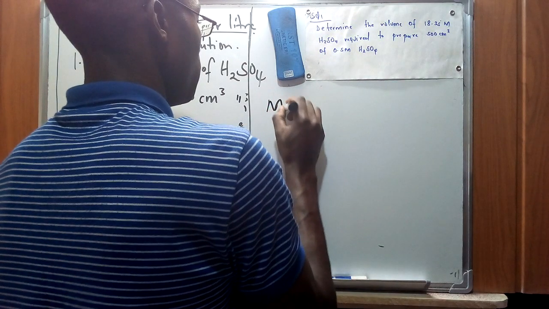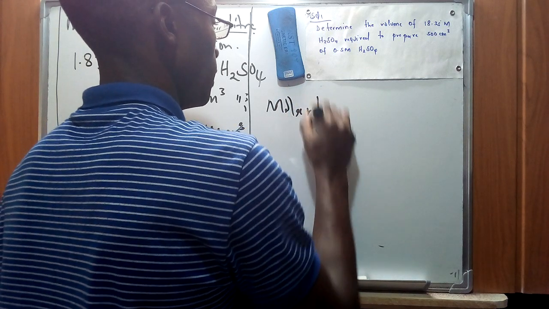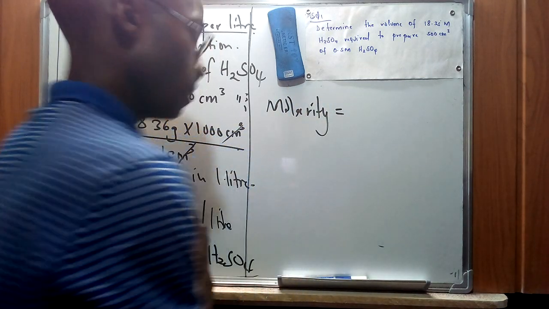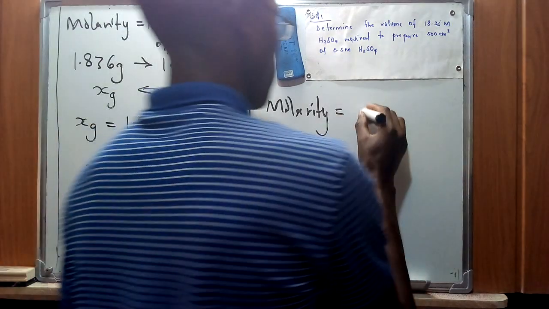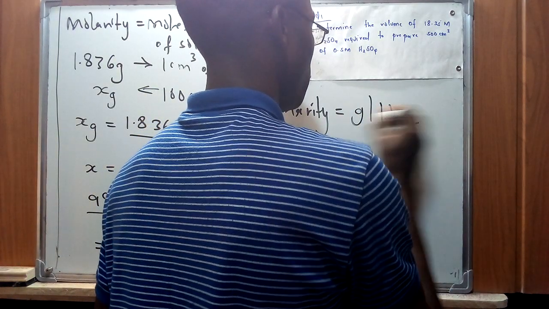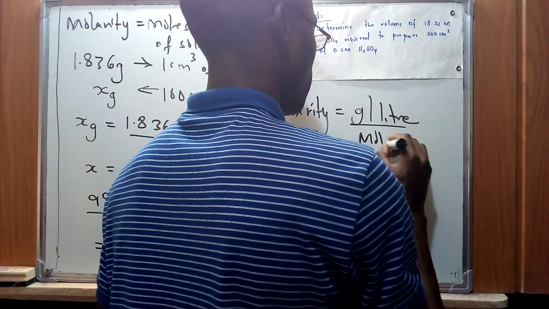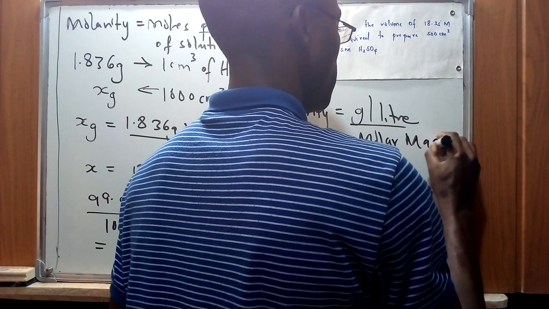So we can find the molarity of this specific acid having been given that information, whereby molarity is grams per liter divided by the molar mass of that product.